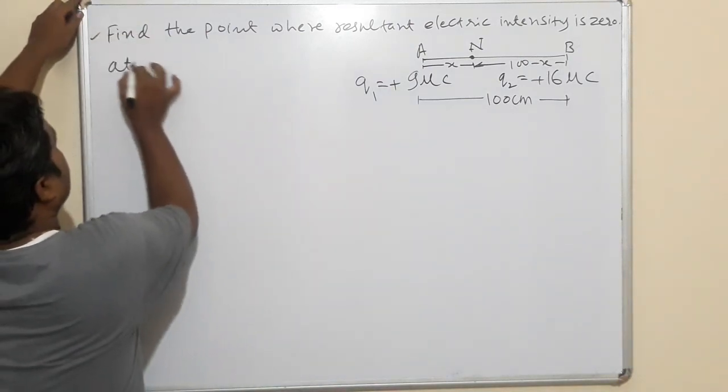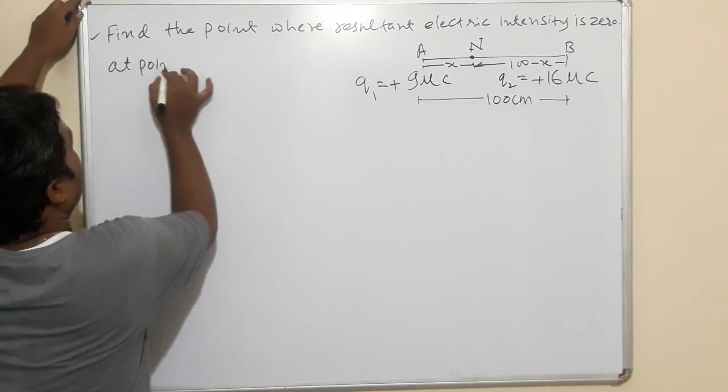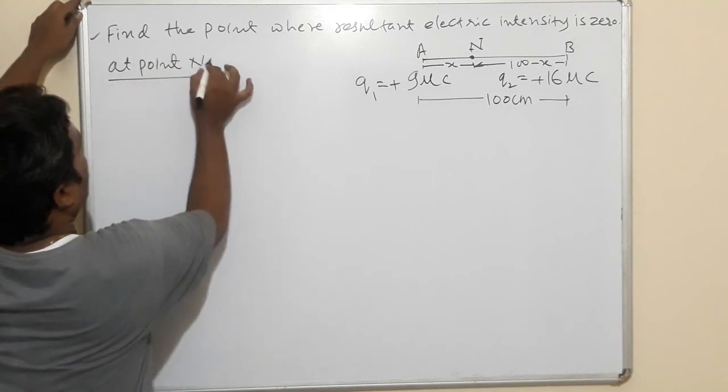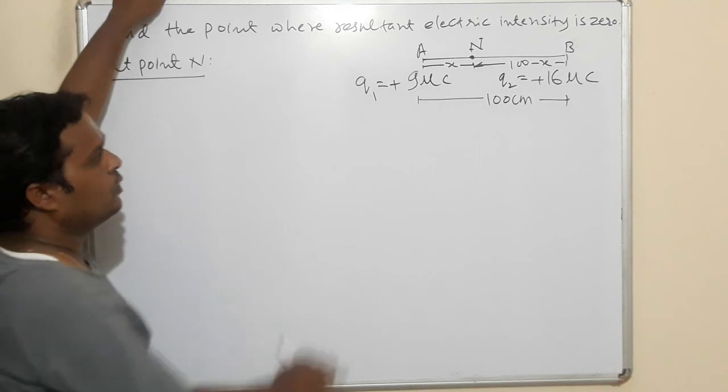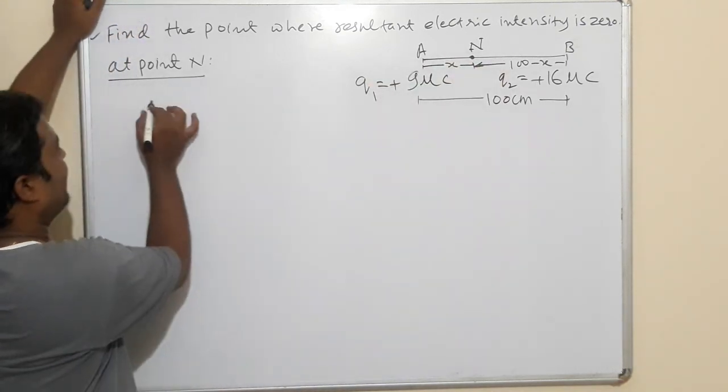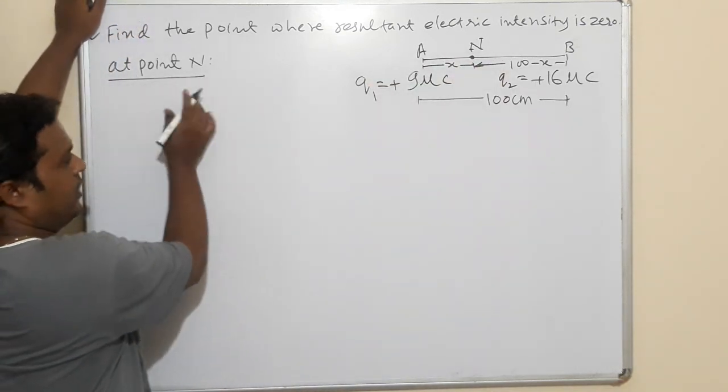At the neutral point, that means at point N, what does the definition say? Two fields must be equal. It is simple. Don't write 1 by 4 pi epsilon and all those things again.